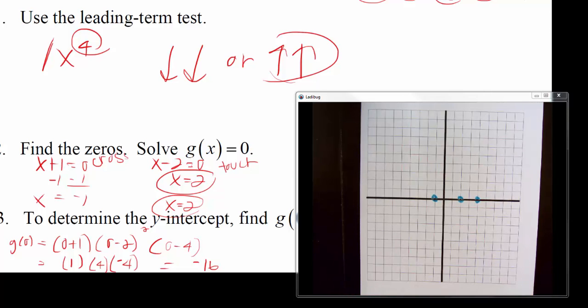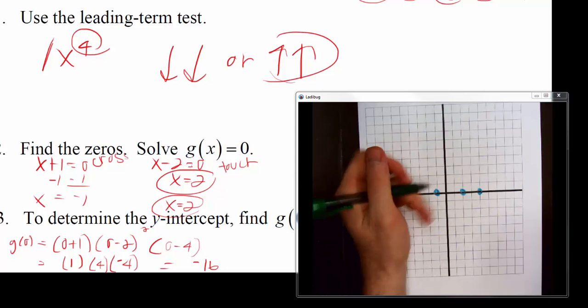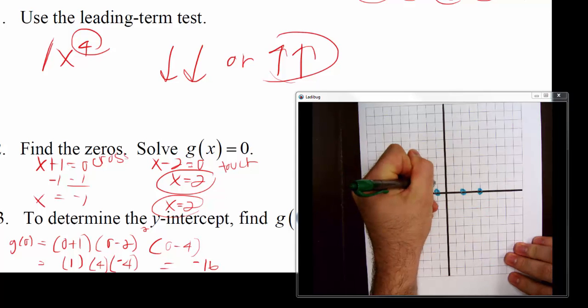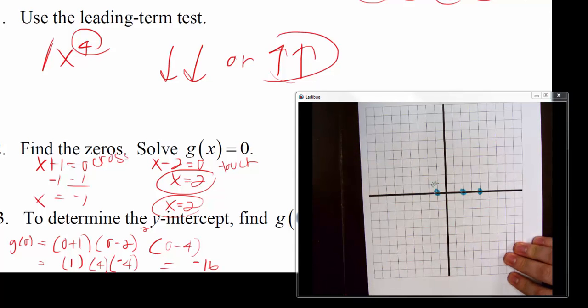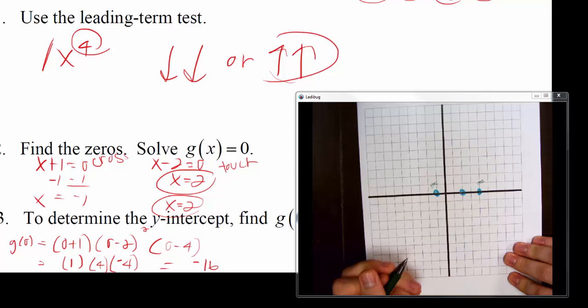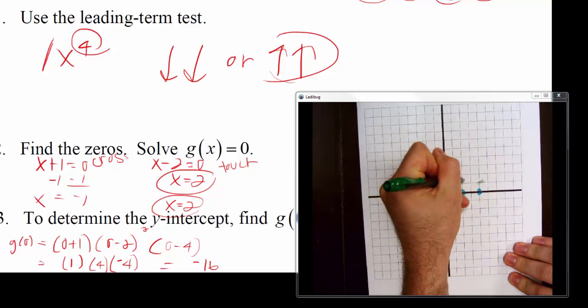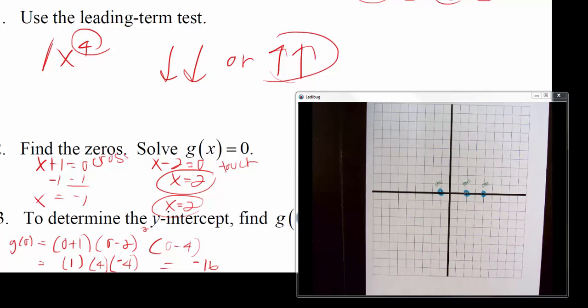Now, I know that at negative 1, we are going to cross because its multiplicity was odd. And at 4, we're going to cross as well. But at 2, we're just going to touch because its multiplicity was even.